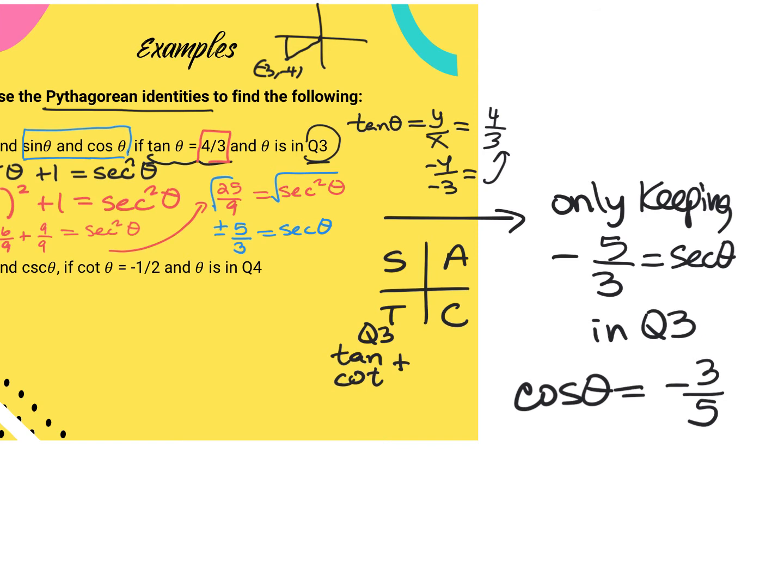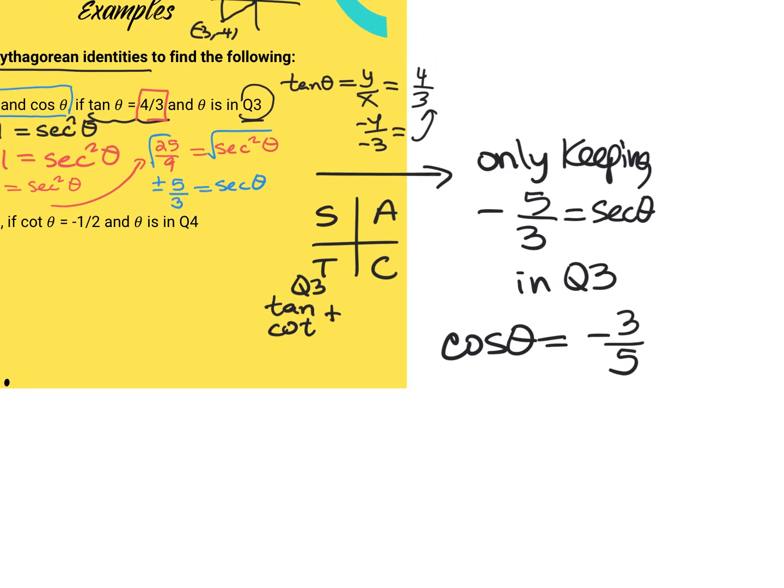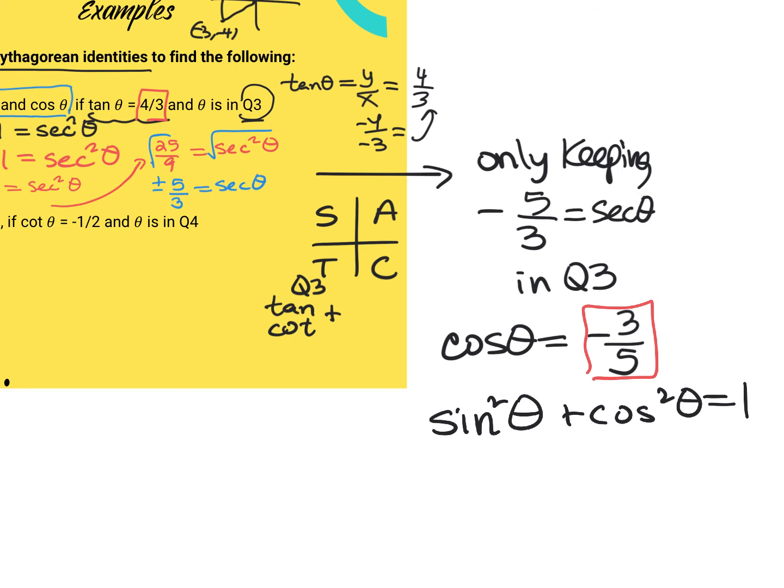However, now to find sine, I need to use another identity. And the identity I'm going to use to find sine is the first one from the previous slide. Sine squared theta plus cosine squared theta equals 1.